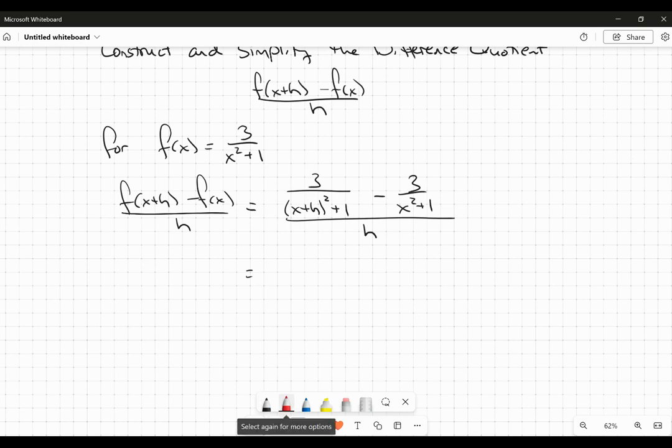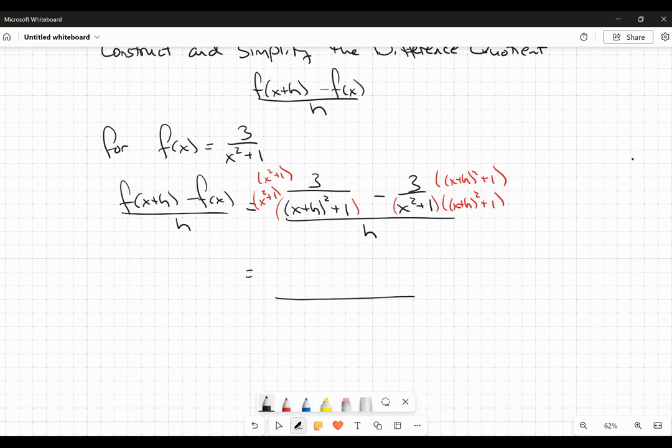So without that knowledge, I basically have to multiply the denominators together, which means I have to multiply numerator and denominator here by x squared plus 1. And I have to multiply the numerator and denominator here by x plus h squared plus 1. Really no other way around it. So yeah, that's going to be a little bit messy.